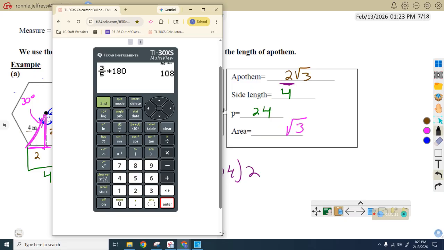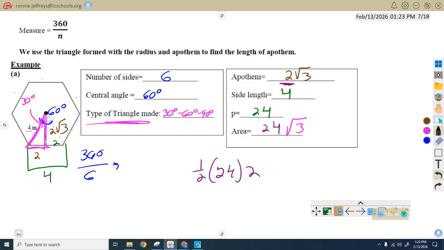Okay. So, oh my gosh. 24. Yes, times 24 times 2. Yes, it is 24. And that's our answer. Now, this would actually be meters squared. That would be meters. That would be meters. This would be meters.